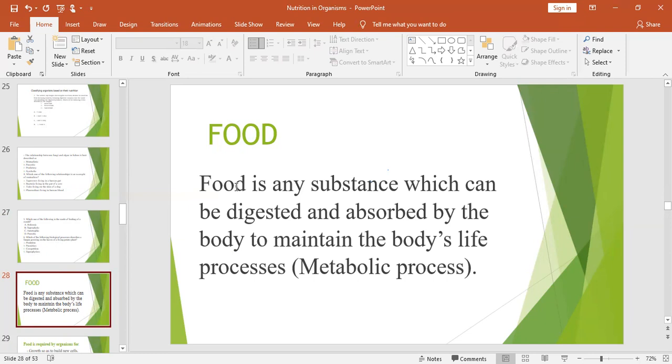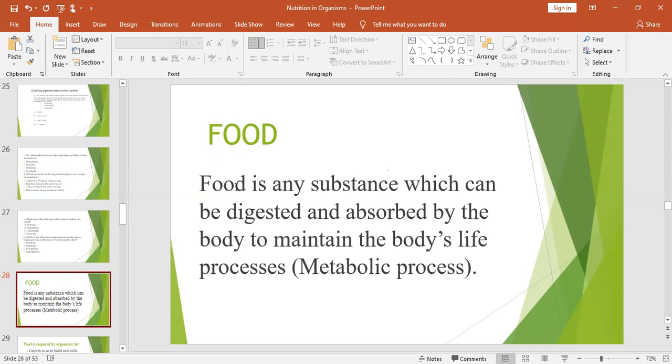Anything. If someone eats a dog, someone eats a monkey, someone eats cassava, someone takes water, anything which when taken can be digested and absorbed by the body to maintain the body's metabolic processes is called food.